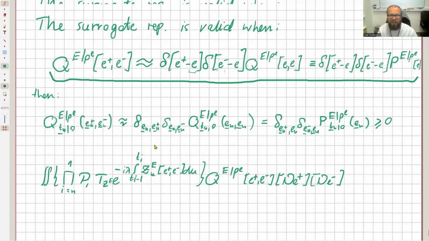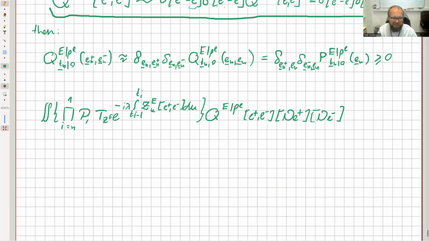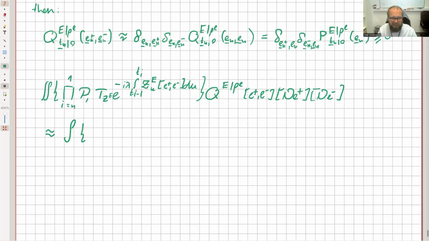right? And now we substitute for Q this form, okay? So with good approximation, the double integral just turns into a single integral because of the deltas, and E plus turns into E minus.